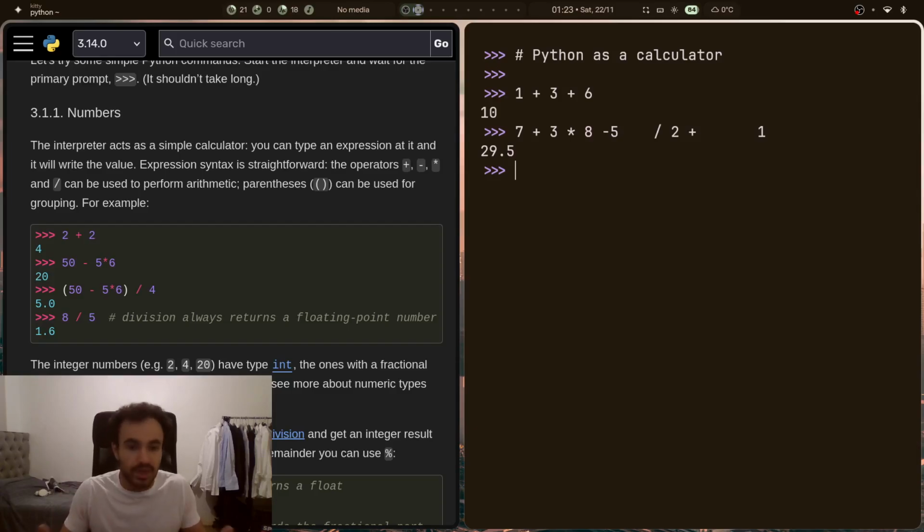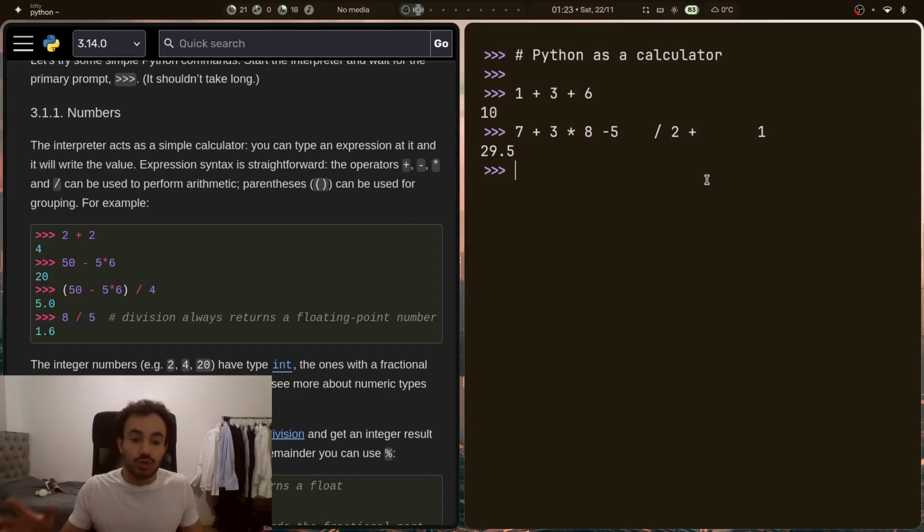So BODMAS, if you come from an English primary or secondary school: multiplication and division are prioritized over additions and subtractions, and so when Python reads this expression, it's going to group these together and it's going to group these together. So 3 times 8 is 24, 5 divided by 2 is 2.5, and it's going to subtract those and it's going to add 7 and add 1, therefore giving you 29.5.